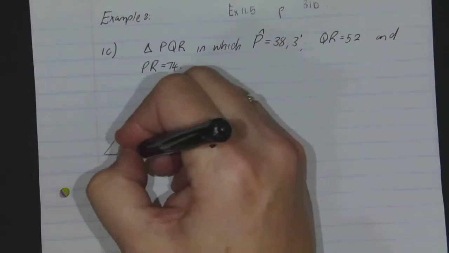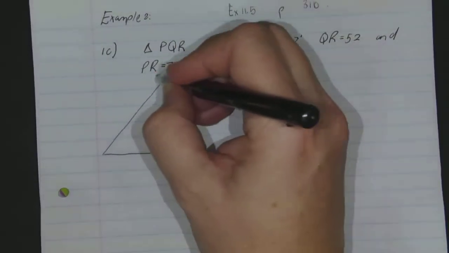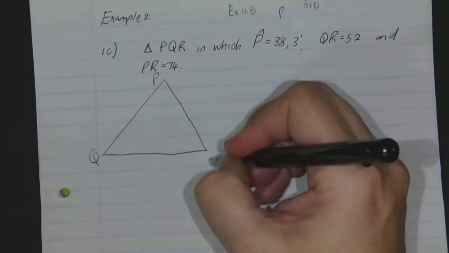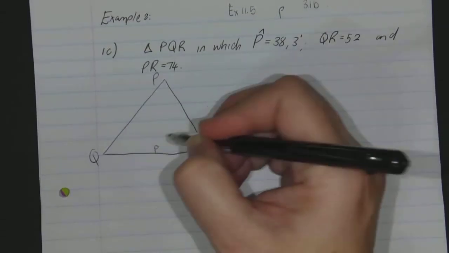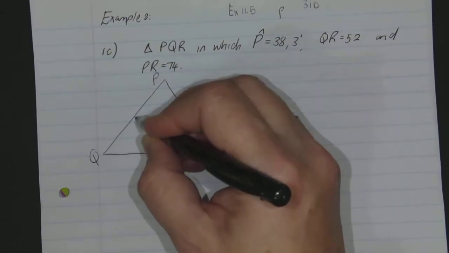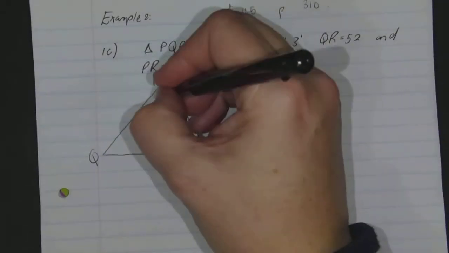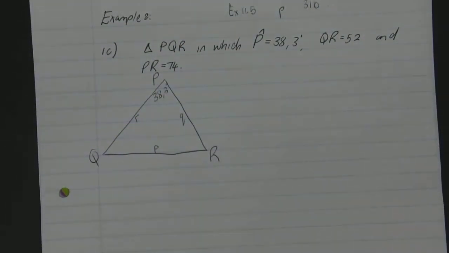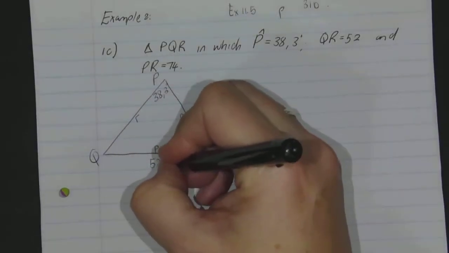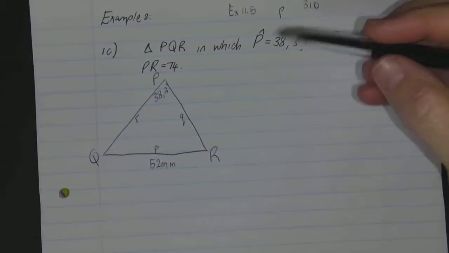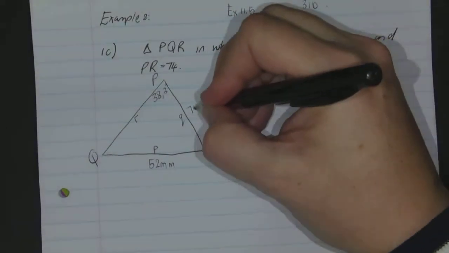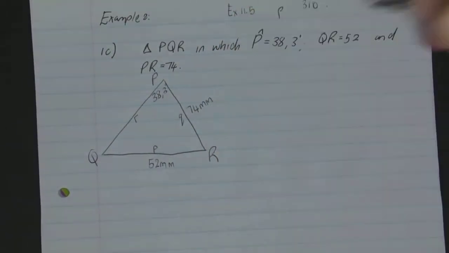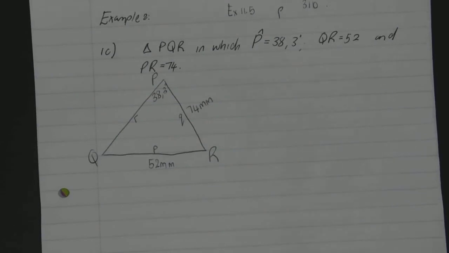So I'm going to draw a triangle, and I'm going to say that's PQR, which means that's side P, that's side Q, that's side R. Angle P is 38,3. QR, which is side P, is 52 millimeters, and PR is 74 millimeters. Right, so I need to find the missing sides.